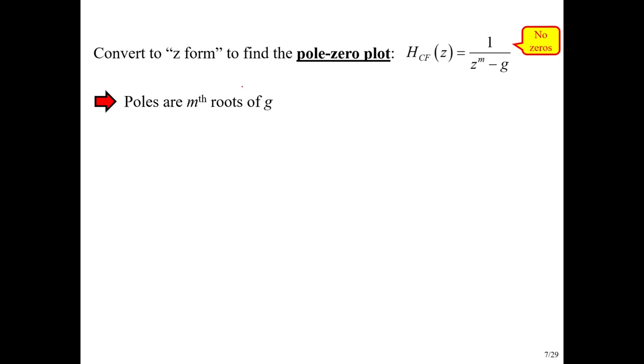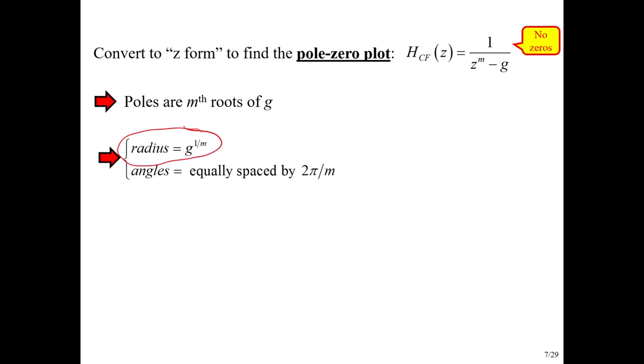So they're the mth roots of g. And so what does that mean? Well, I fudged a little bit here in my notes. I hemmed and hawed about how I should notate this, but I just said that the radius is g to the 1/m, implying that that ends up being a real number.